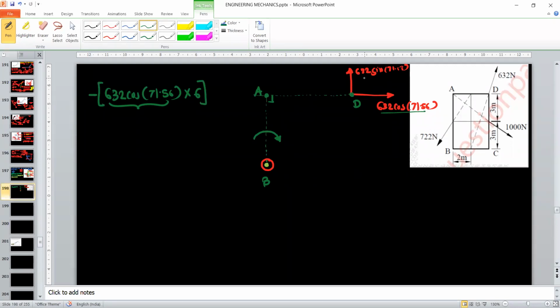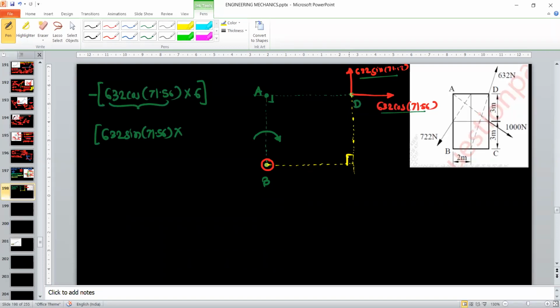Now the second moment, because of the Y component, is equal to 632 sine 71.56 into the distance. For the Y component, we need the perpendicular distance. So extend this Y component like this. And from the point B, draw the perpendicular line on that component.